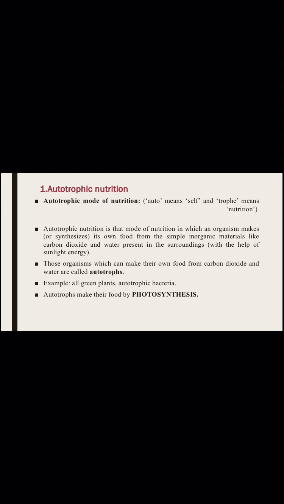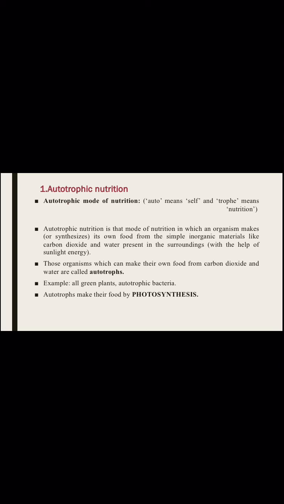First of all, we shall move on with the autotrophic mode of nutrition. The word itself tells us what it means. Auto means self, by self, own, and trophic means nutrition.